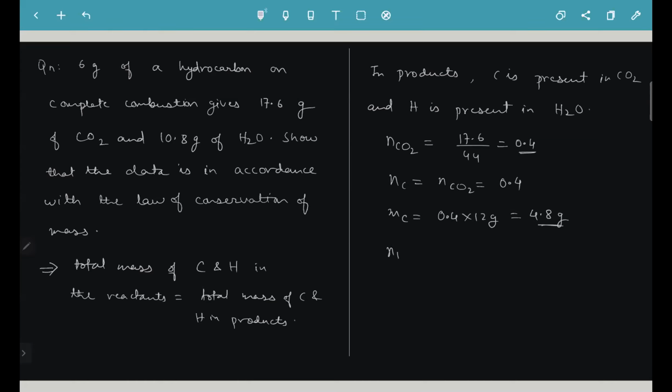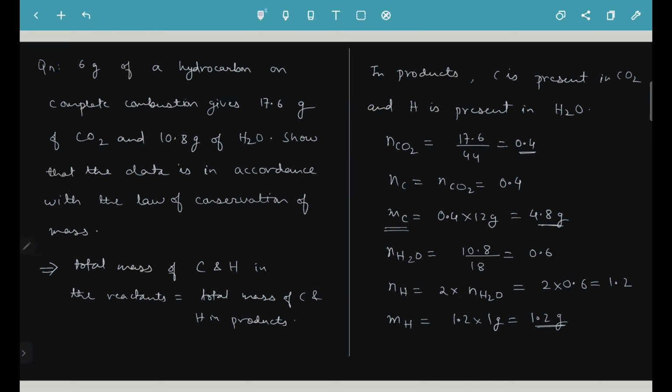Similarly, we'll find out moles of H2O. Moles of H2O will be mass upon molar mass, 10.8 upon 18, is 0.6 moles. Moles of H will be 2 into moles of H2O because the atomicity of hydrogen is 2. 2 into 0.6 is equal to 1.2. Mass of H: atomic mass of hydrogen is 1 gram, so moles into gram atomic mass is 1.2.